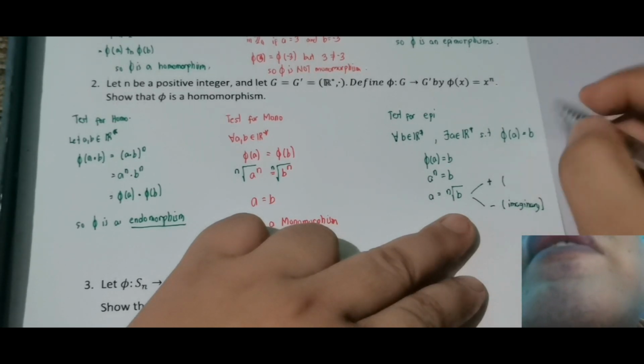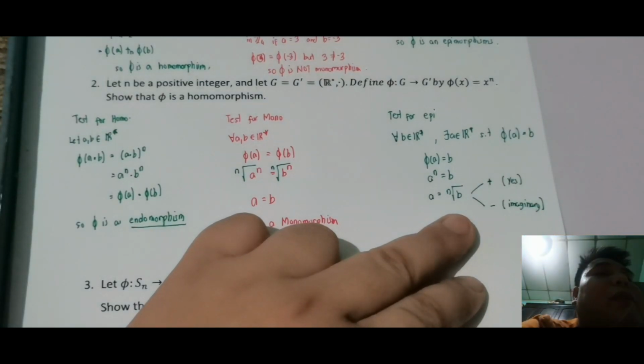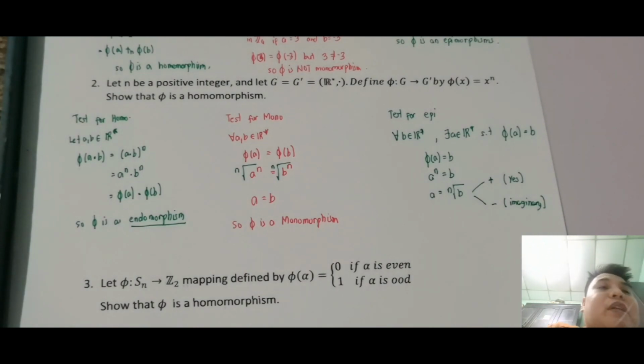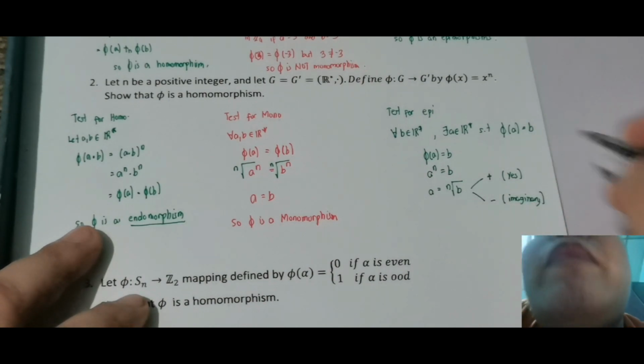Okay? This is, yes, okay with us here. It is possible there. But when it comes to negative, that's imaginary because the nth root of a negative is always imaginary. So actually, it is not always imaginary because, for example, the fifth root of negative 1, the fifth root of negative 7. So I will not consider it imaginary because imaginary applies only to the square root. So rather, it is not always imaginary.